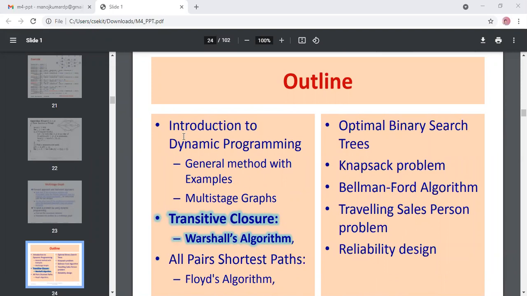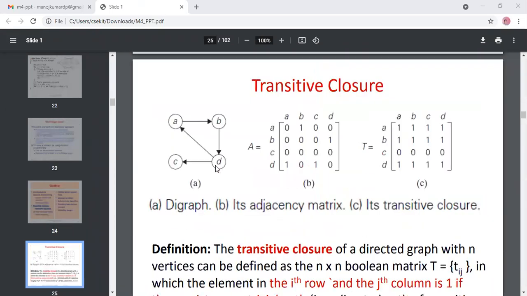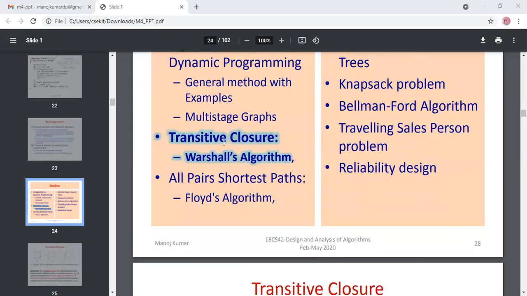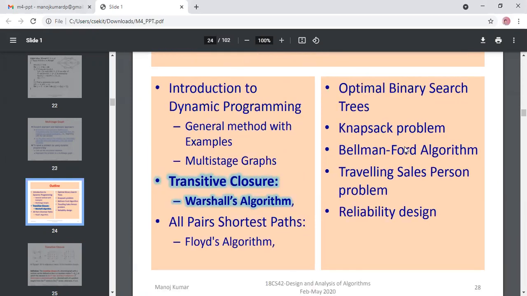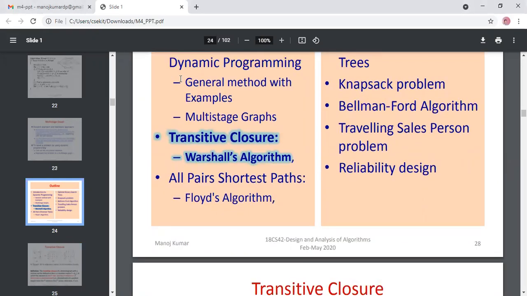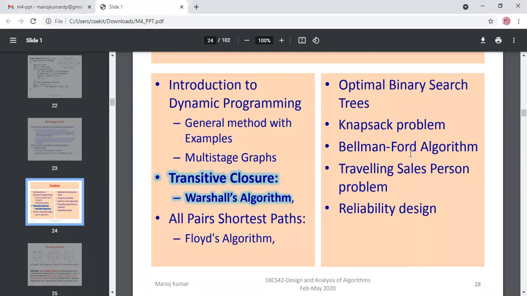So this is up to today's class, the introduction to dynamic programming using the general method with examples as well as multi-stage graphs. In the next upcoming class, we will go with something very important from the exam point of view, that is transitive closure. All these problems up to traveling salesman, you will get as compulsory questions in module 4. This topic may or may not come, but transitive closure, Floyd's, knapsack, Bellman-Ford, and traveling salesman are the compulsory questions you will get from the exam point of view.